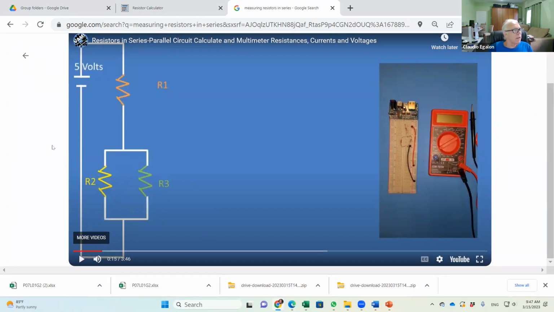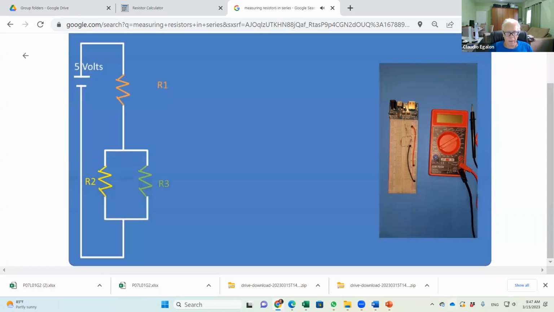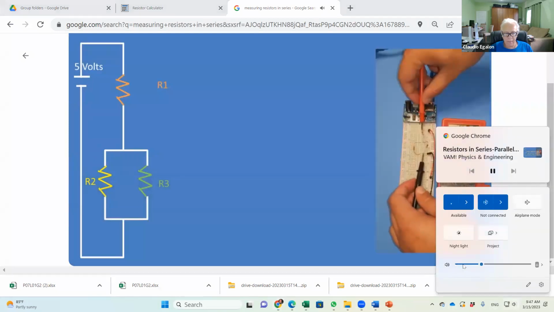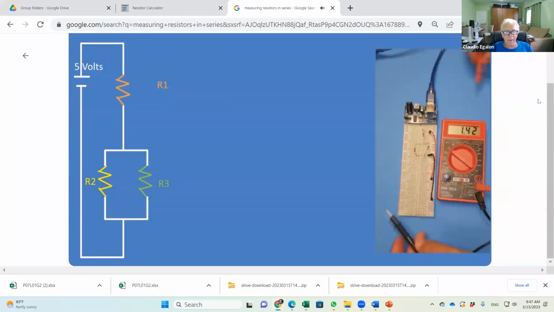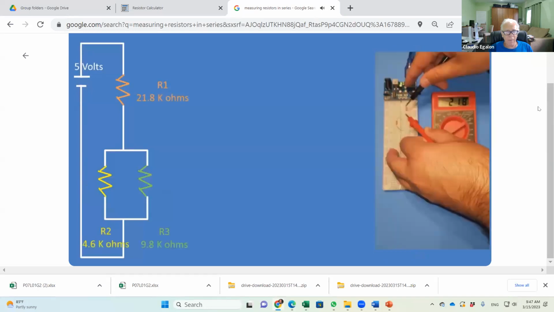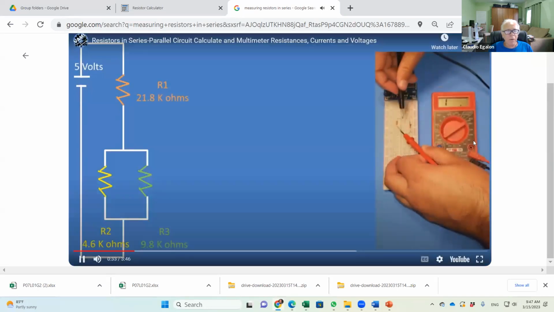Let's see. Let me just play a little bit here. I'll be taking real world measurements using a digital multimeter at the right of the screen. To be honest, I'm making this video because I just got a new breadboard and I wanted to break it in. As per the measurement, there's 5 volts going to the circuit, and the resistor values are 9.8 kiloohms for resistor 1. See that?